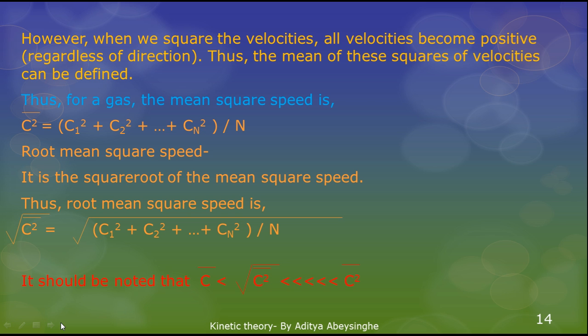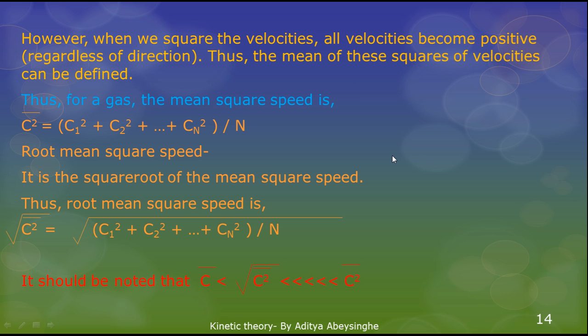So when we square the velocities, we don't have to take the direction, only the magnitude. For example, take the same gas sample with 3 molecules of velocities 2, 4 and 6 in some direction. These may cancel out each other.